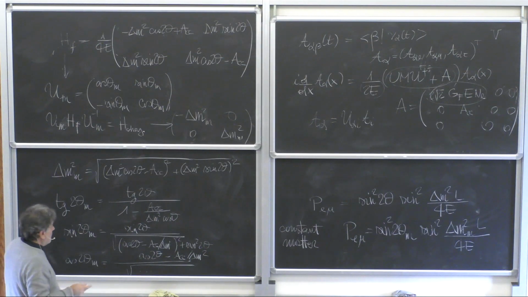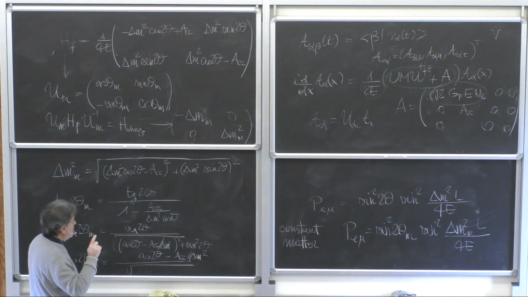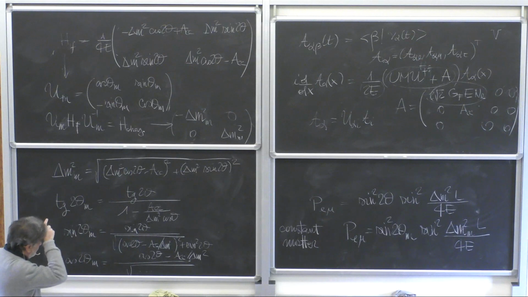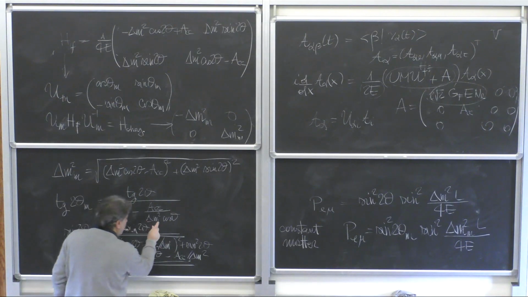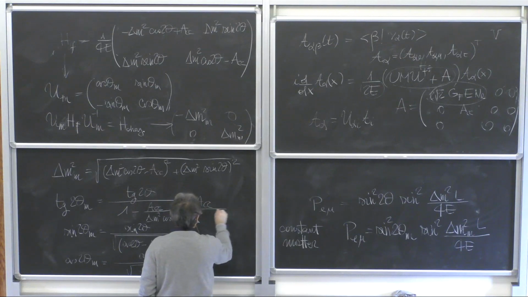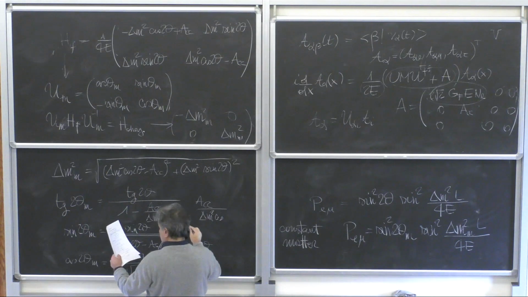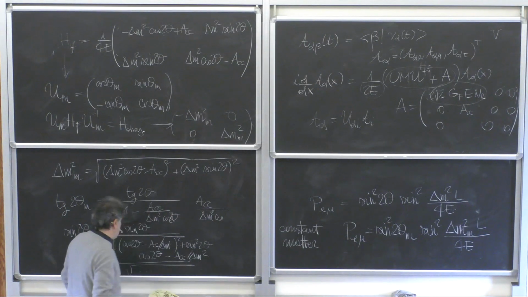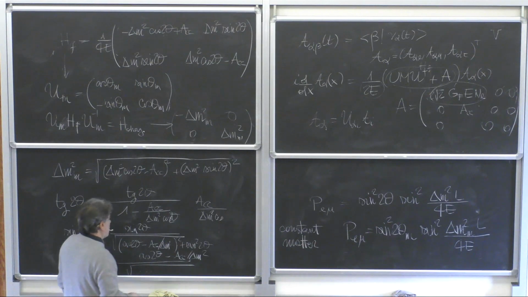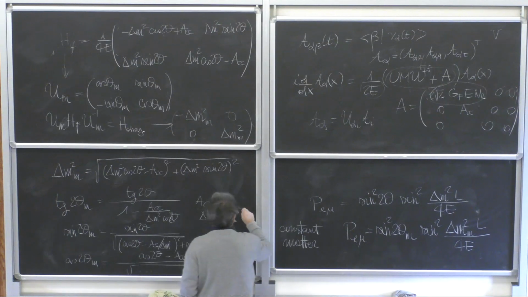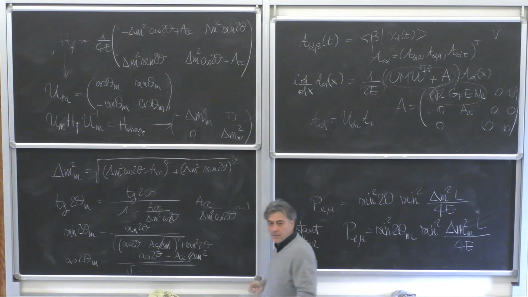Fine. When ACC divided by delta m squared cos 2 theta, maybe I was wrong, this is a 2, sorry, is around 1.